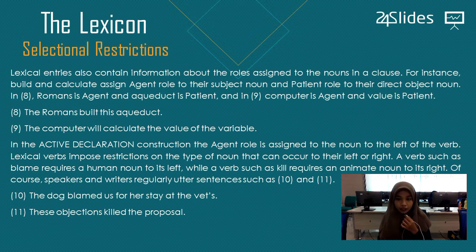Di dalam active declaration, peran agen itu ditetapkan ke kata benda di sebelah kiri kata kerja atau di sebelah kiri subjek. Nah, dalam lexical verb itu ada restriction atau batasan pada jenis kata benda yang dapat muncul di sebelah kiri atau kanannya.